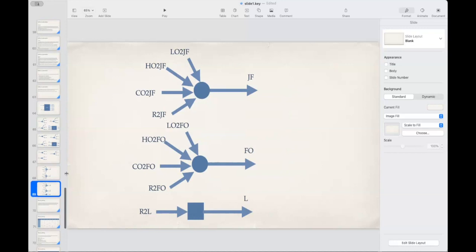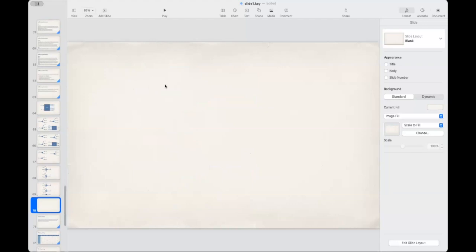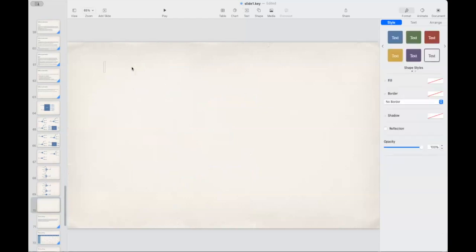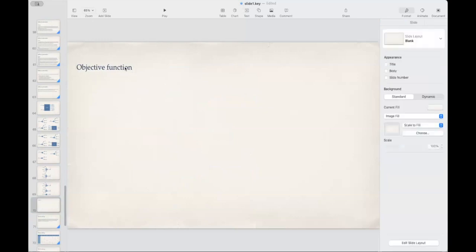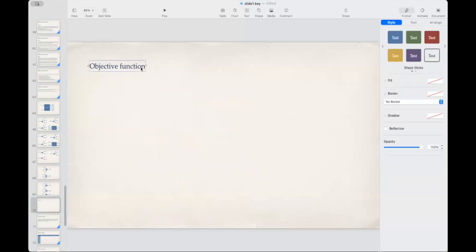What is the aim? Maximize profit, or minimize the negative profit, the same thing. So the objective function is profit.